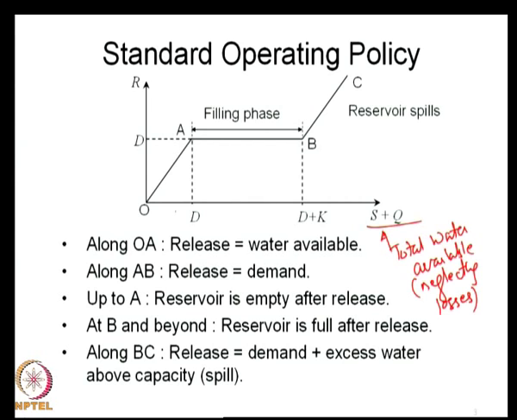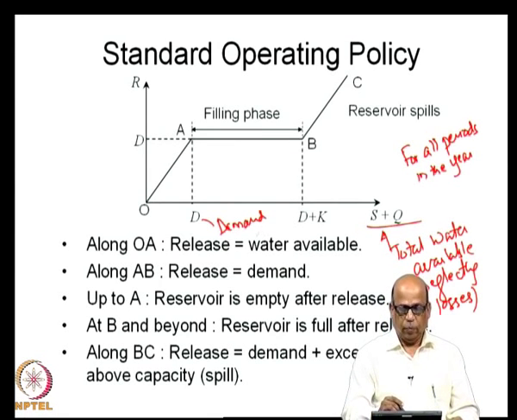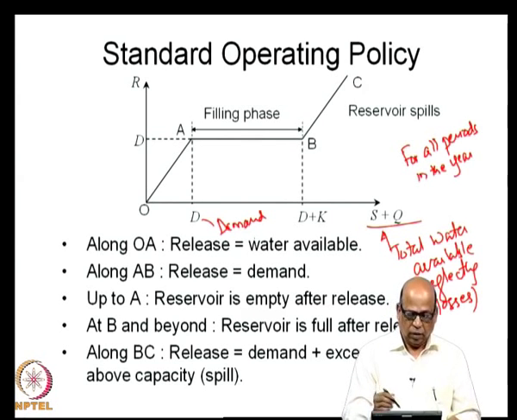Now, this is for any period, for all periods in the year. Now, S plus Q and D is the demand. Let us say you are looking at some irrigation water allocation from the reservoir or municipal and industrial water allocation and so on. So, the demands are known.